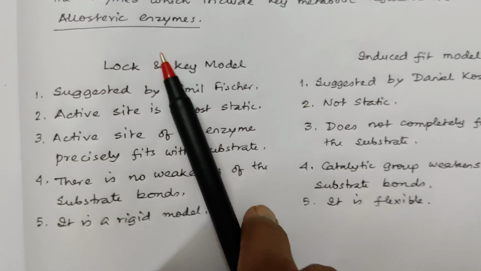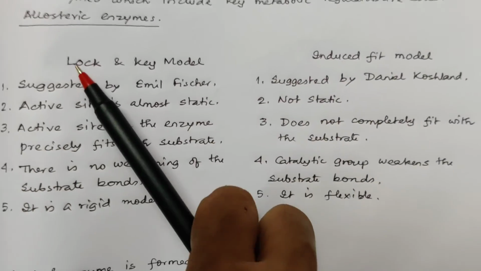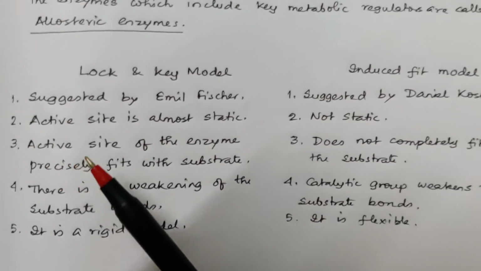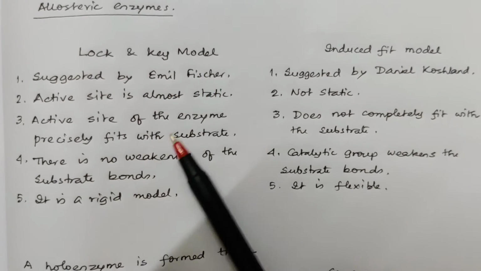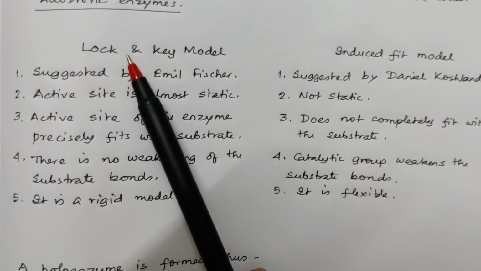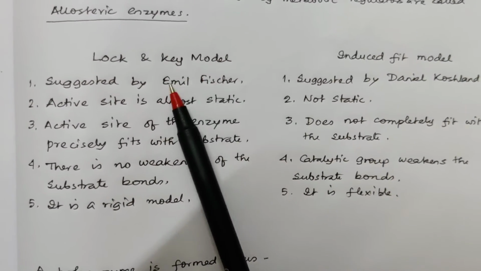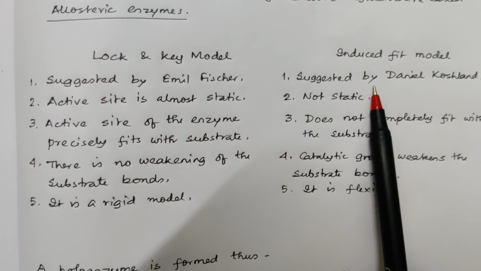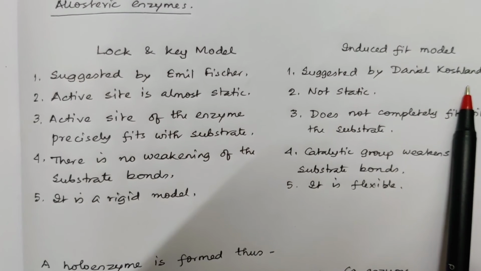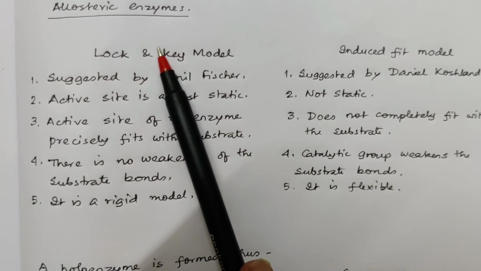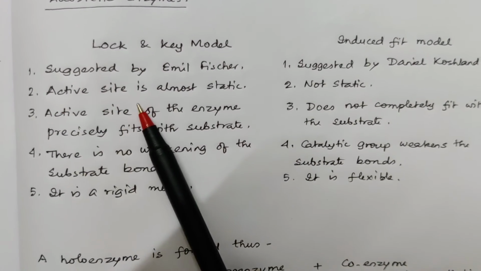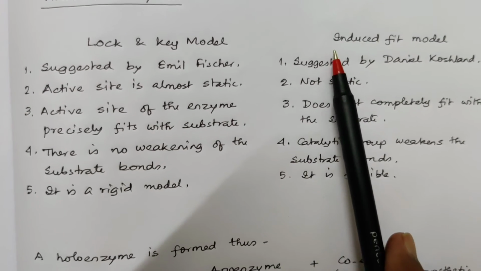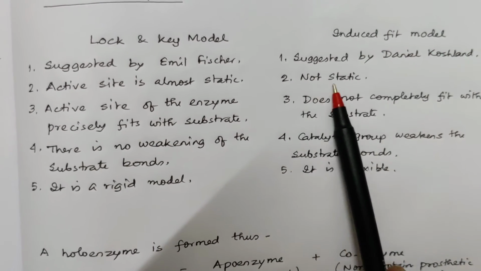Now we know that there are two models given by two different scientists for enzyme action. One is the lock and key model, which is given by Emil Fischer. Another is the induced fit model given by Daniel Koshland. In the lock and key model, the active site is almost static. In the induced fit model, it is not static.